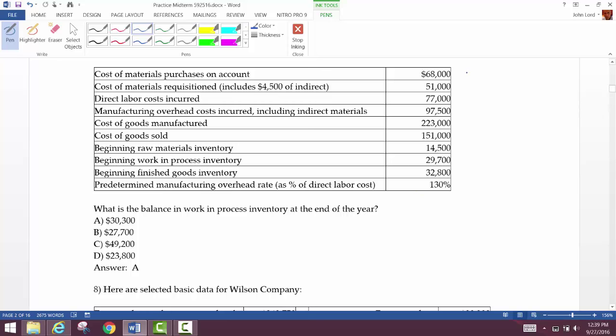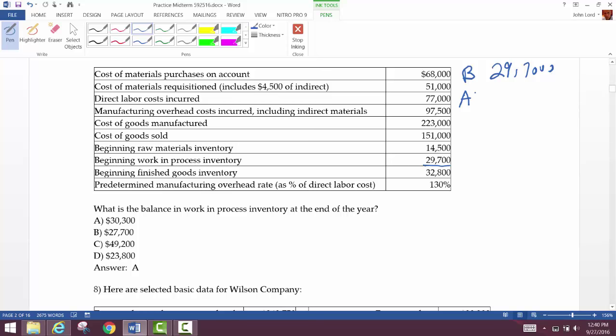Okay, so I'm going to go ahead and start with the beginning balance, and the beginning balance is 29,700, right? And it's going to be my job now to try to figure out what the adds and what the subtracts are going to be from this work in process, so I can get to the ending balance. Okay, so can we come up with the adds here?